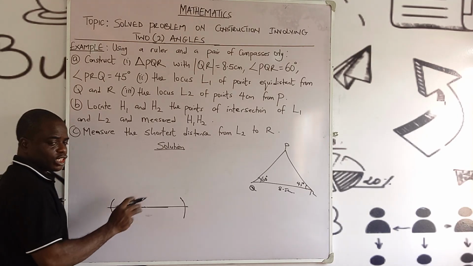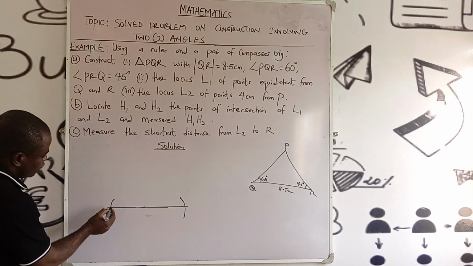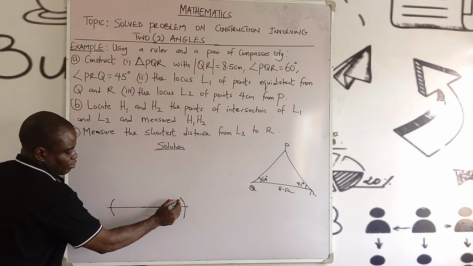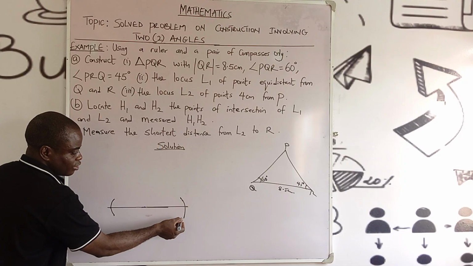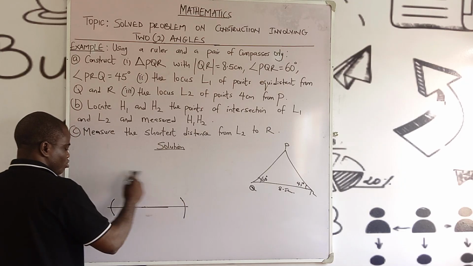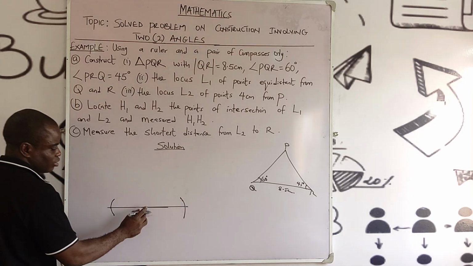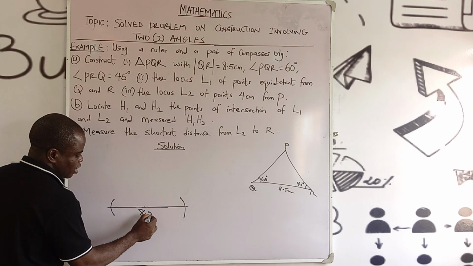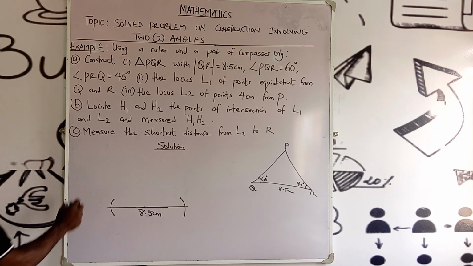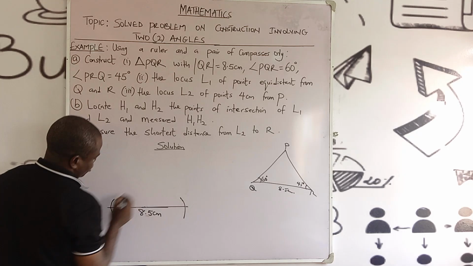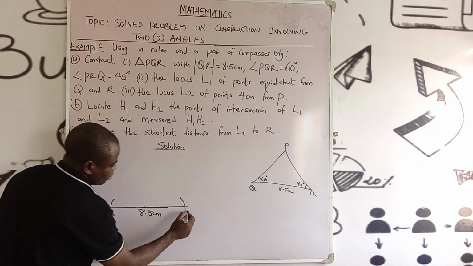You measure the 8.5 from your ruler, put it at any point, make an arc of 8.5 centimeter, put it at this point also, make another arc at the other side so that it can give us 8.5 centimeter. Okay, after that, you now label it as QR.